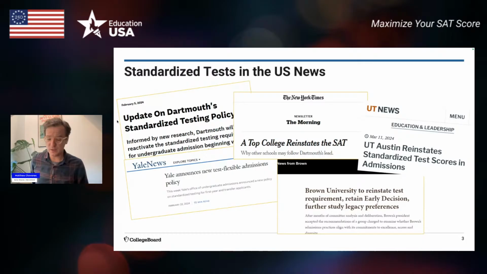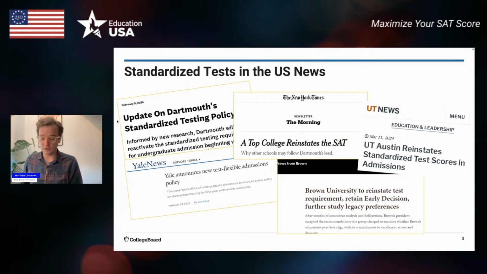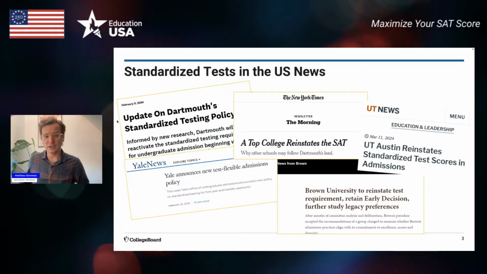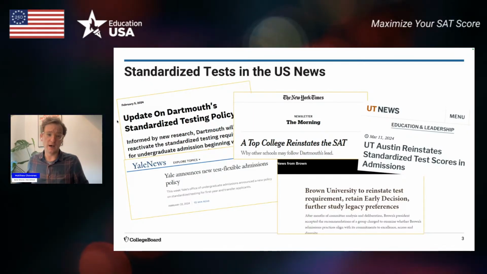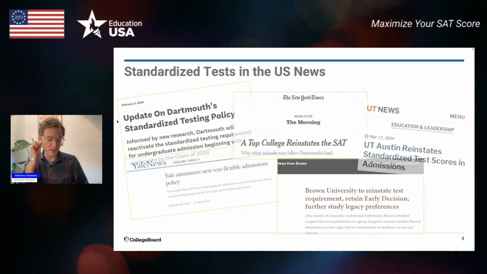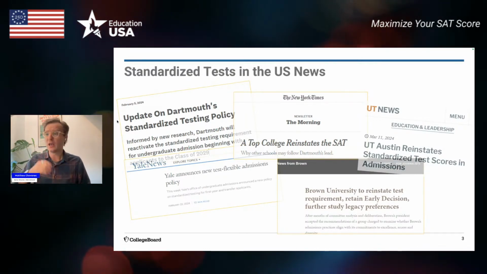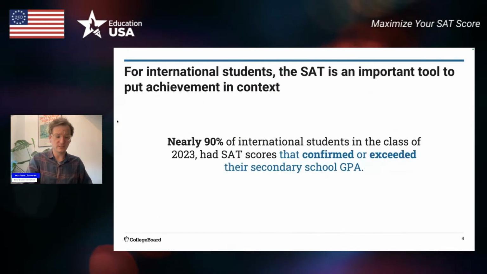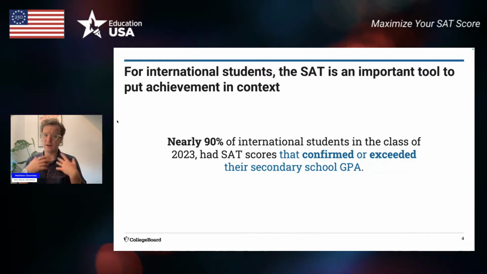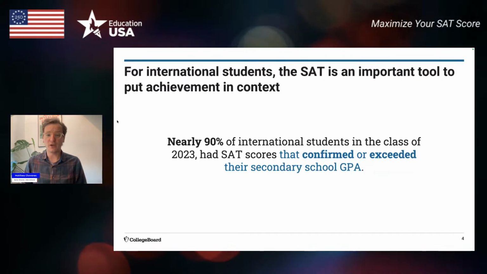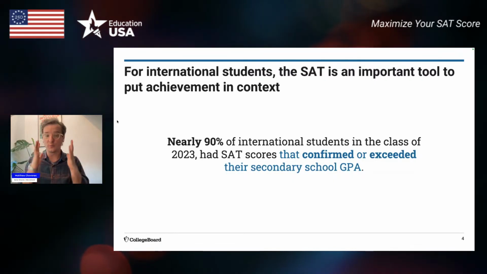So it has become a very important central tool for universities to judge students, which also makes it more fair for you living outside of the United States. Even if you don't have all of the resources, awareness and background that students in the United States might have, you do have a clear signal that you are prepared for university based on your SAT score.